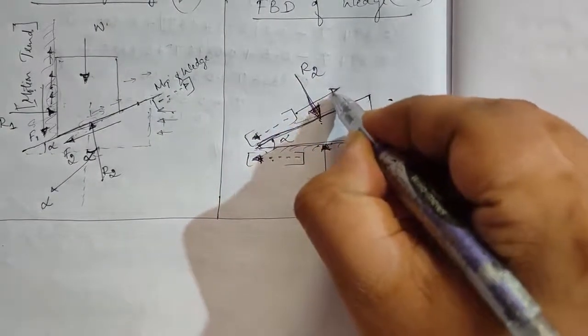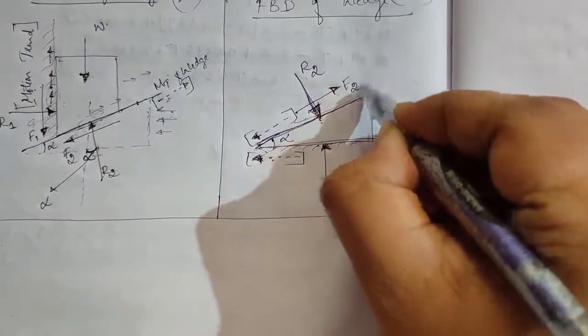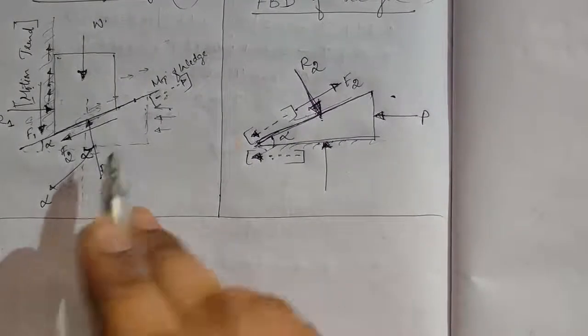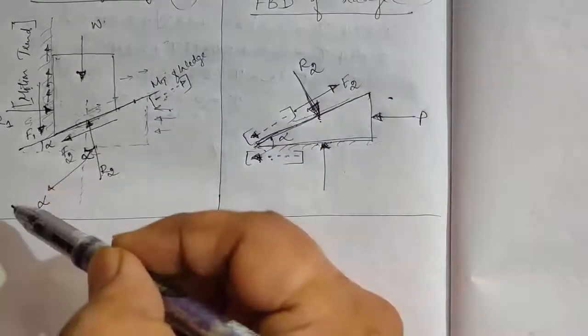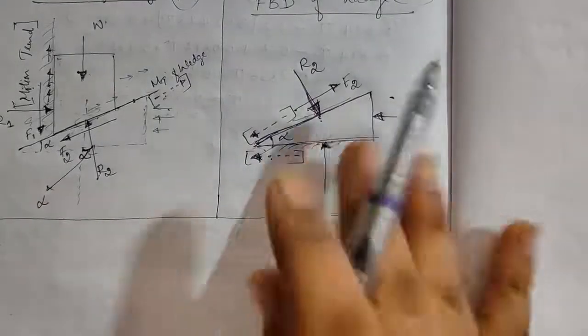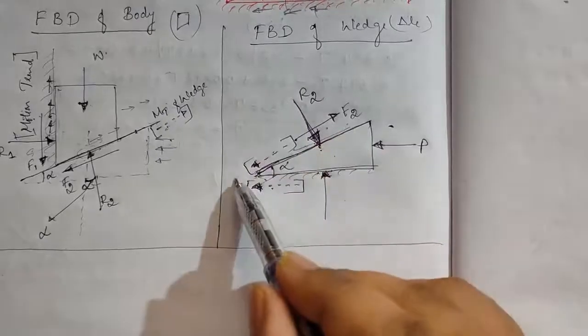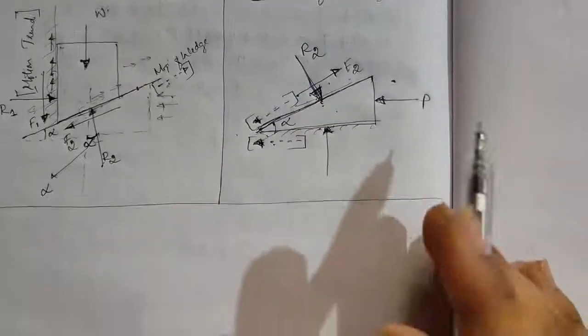So what will be the friction? F2. See, for the body, the F2 will be in this direction, but when we come to the triangular wedge, the F2 will be in this direction as the motion is towards this.